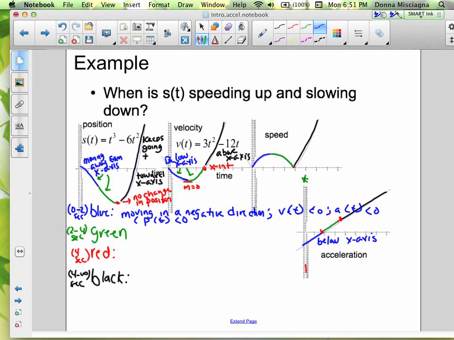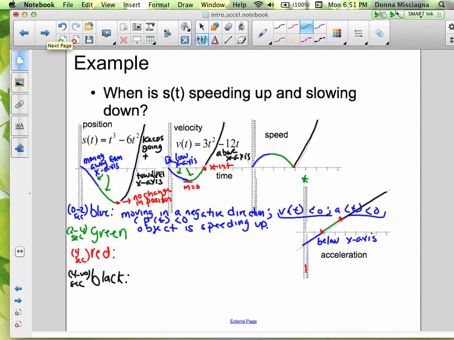The object here is going to be speeding up. And the way we know that is because velocity and acceleration both match. Right? And that's supported by what we see on the position graph.